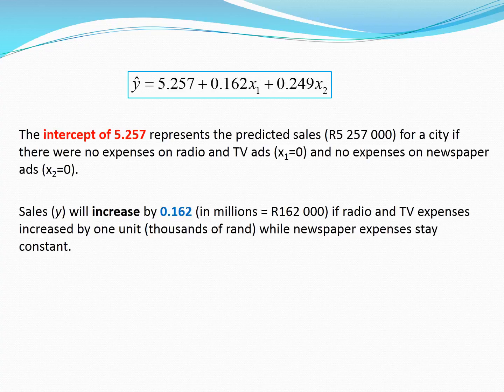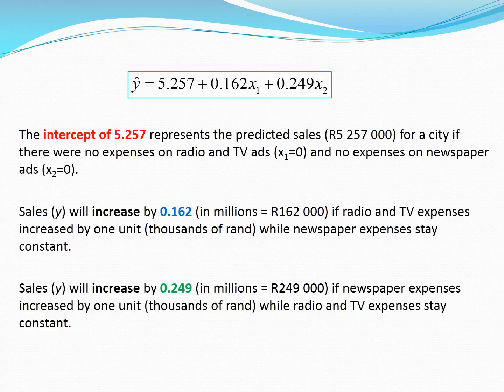And then B2 is equal to 0.249. So that means that our sales will increase by 0.249, or 249,000, if newspaper expenses increase by 1 unit, which was also measured in thousands of rand, while radio and TV expenses stayed constant.